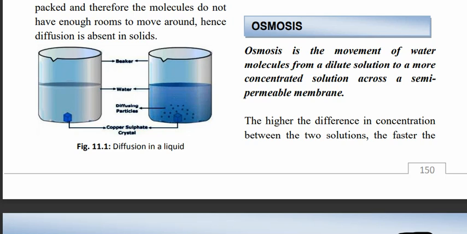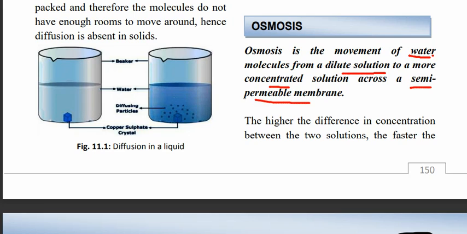Now, what is osmosis? Osmosis is the movement of water molecules from a dilute solution to a more concentrated solution across a semi-permeable membrane. Osmosis only deals with movement of water molecules from a dilute solution to a more concentrated solution across a semi-permeable membrane.